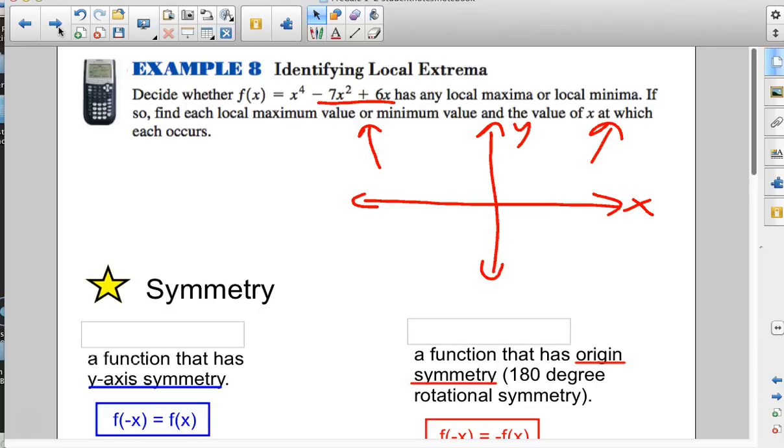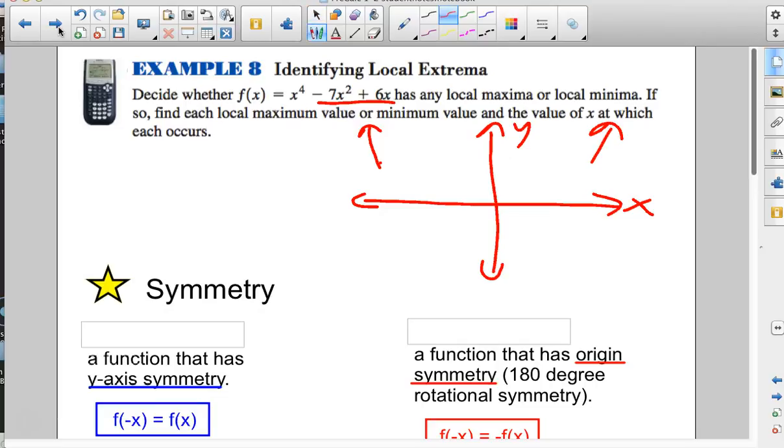Might want to window out a little bit here. Get a little bit lower in my y's. Right, so all I did was change my y min to -30. Because in order to find it, Blinky has to be able to see it. And he can't see it if we can't see it when we hit graph. So we have to see those.